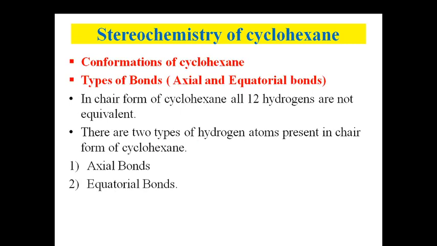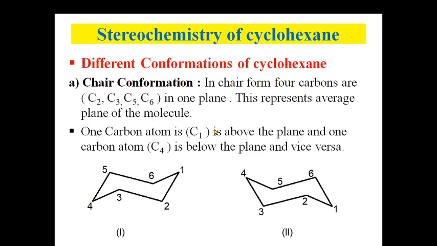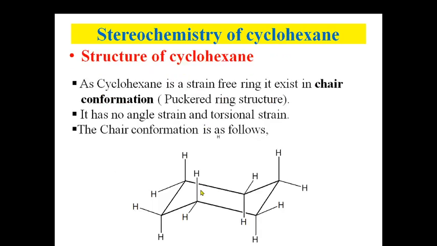Now in this chair conformation, there are two types of bonds present. Which are the two types of bonds? Axial and equatorial bonds. If you see in this chair form, 6 carbons are there, and I have shown 12 hydrogens.